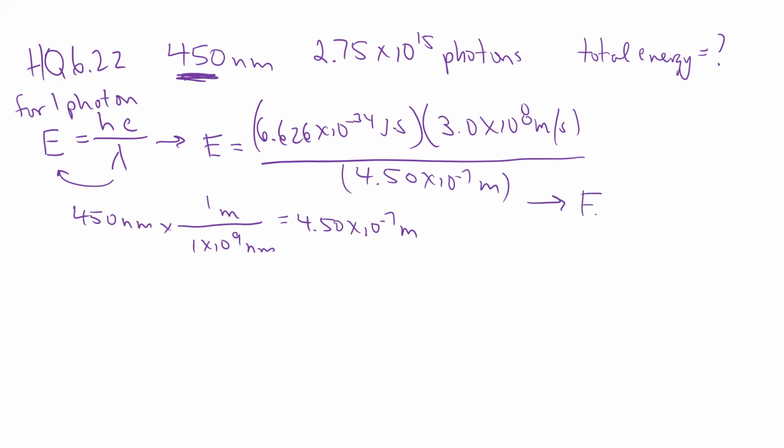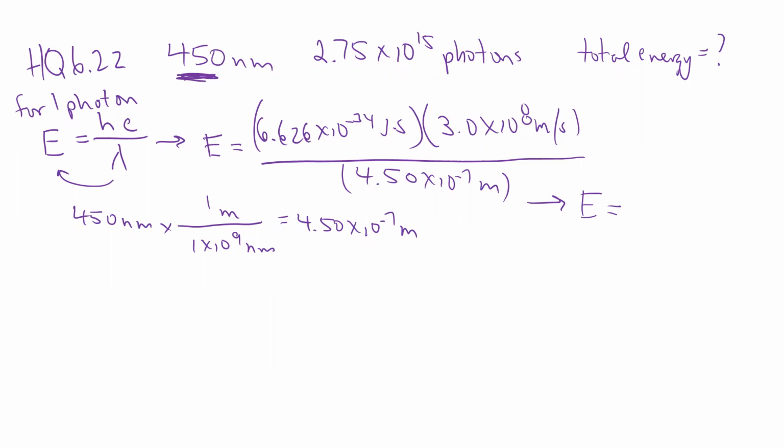And I'm going to get an energy for one photon of 6.626 times 10 to the minus 34 times 3 times 10 to the 8, divided by 4.5 times 10 to the minus 7.